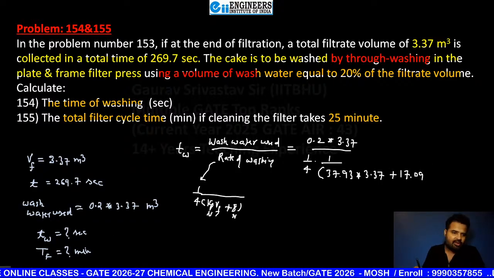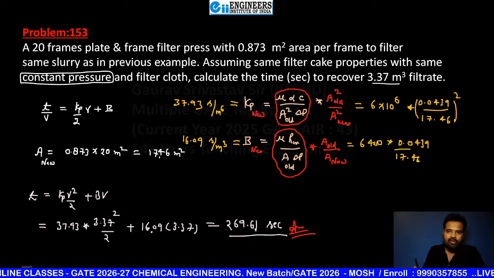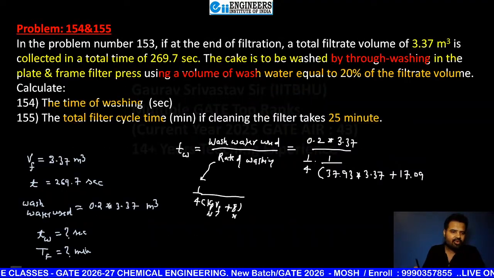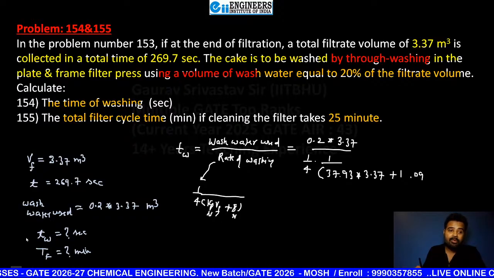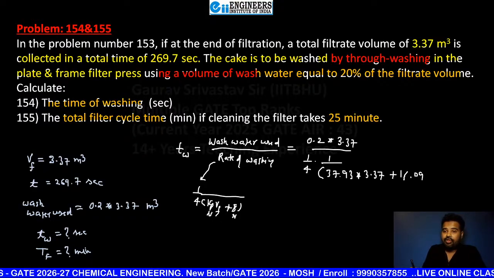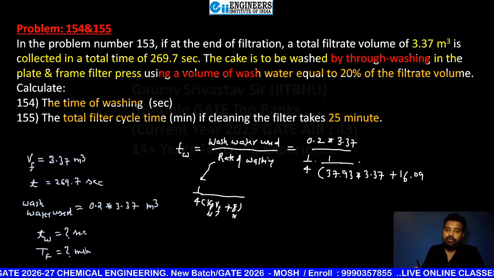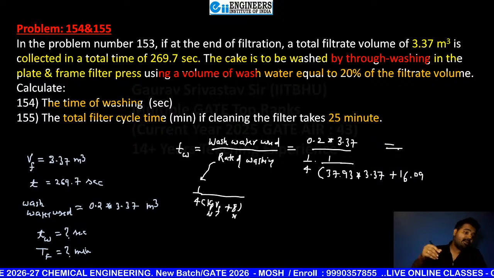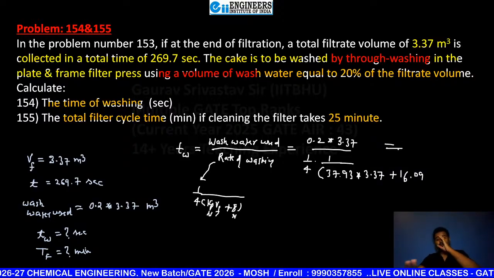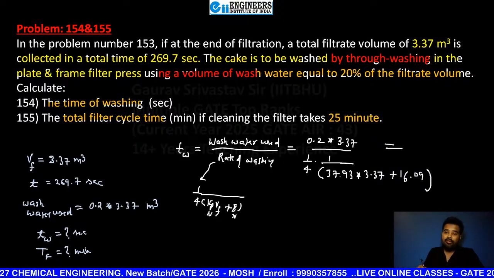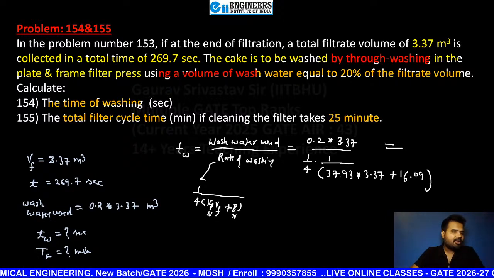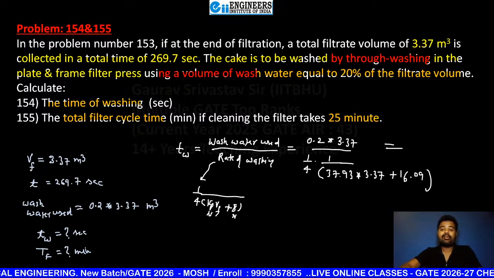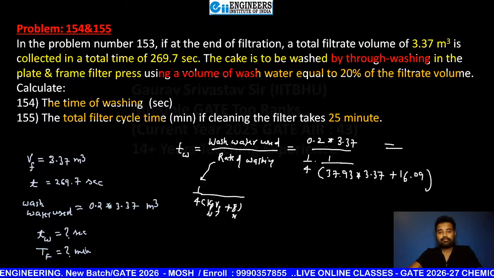Let me check it. Oh, 16.09. It felt like something was wrong, so we checked immediately. Now it is one equation, one unknown. Please solve this and tell me the answer. Everything is in seconds, so you will automatically get the answer in seconds. Tell me how many seconds?